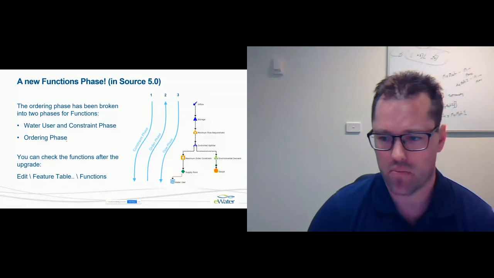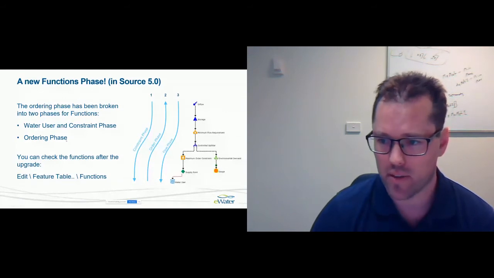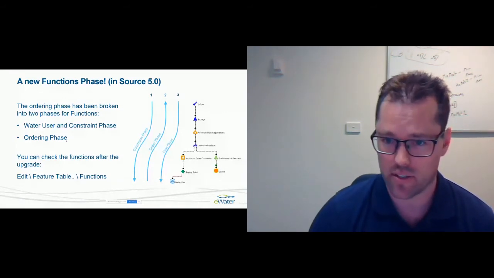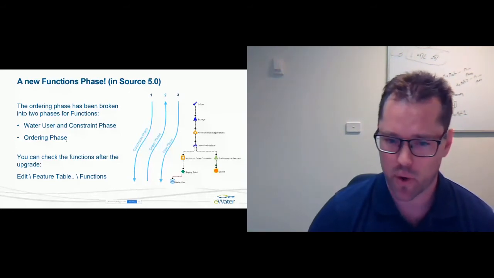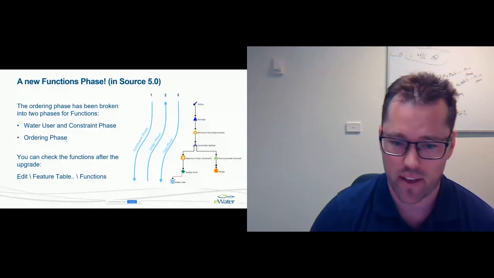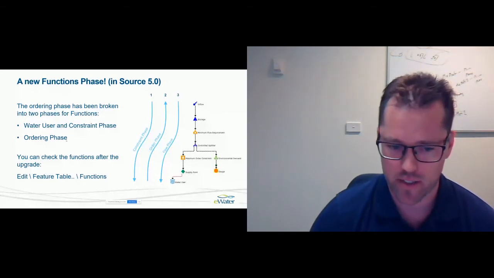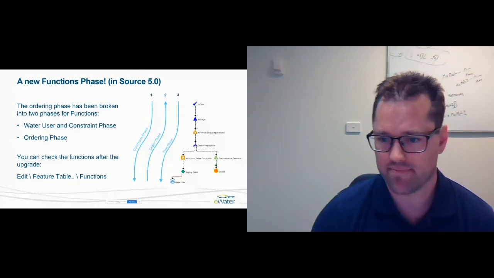It just gives modelers more access to more up-to-date information about the constraints when they're putting in functions for the order phase. So this is in Source 5, and we have upgraded people's models. So if you notice anything different, then please check your functions in the edit feature table for the functions.